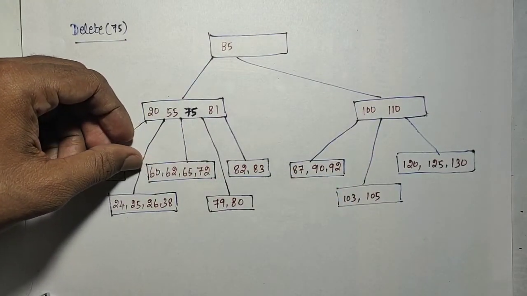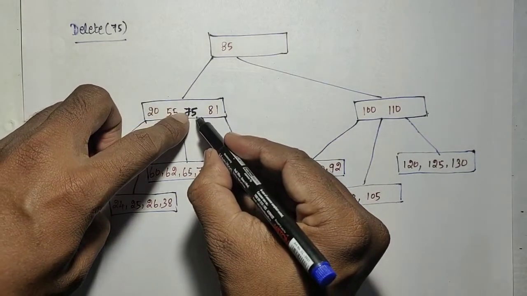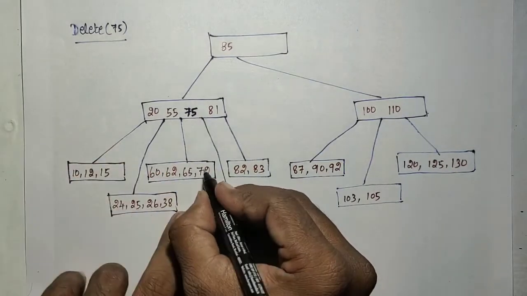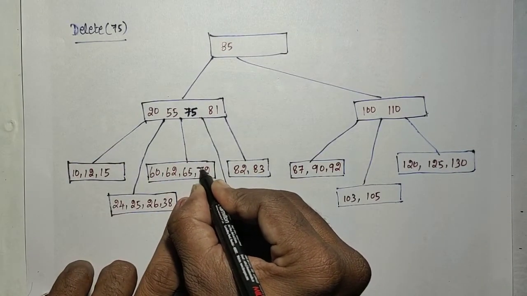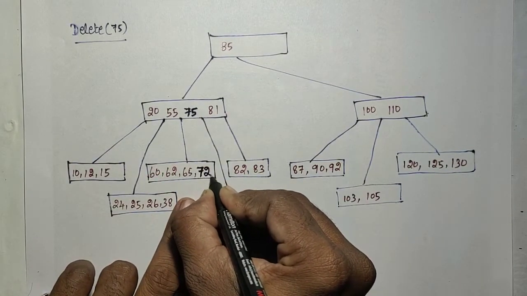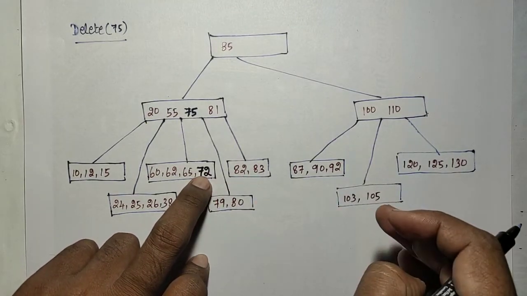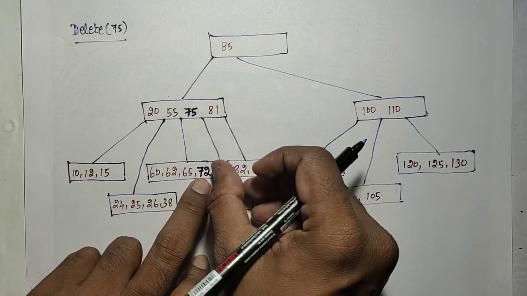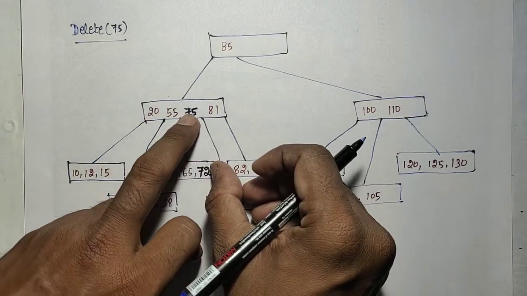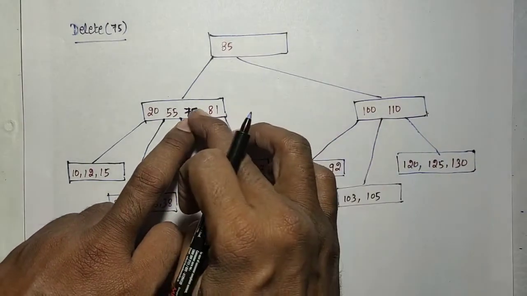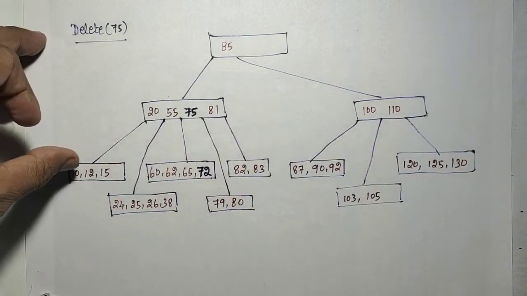So 75 is to be deleted, and the left subtree's rightmost element is 72, correct? So the 72 has to be moved in place of 75. So 75 will be replaced with 72.